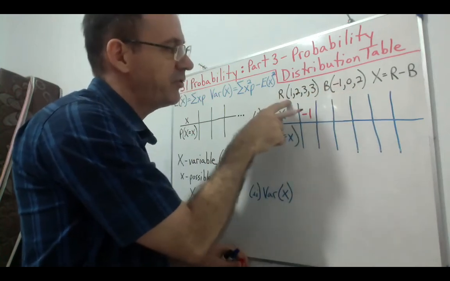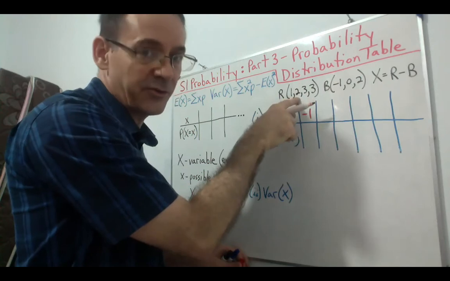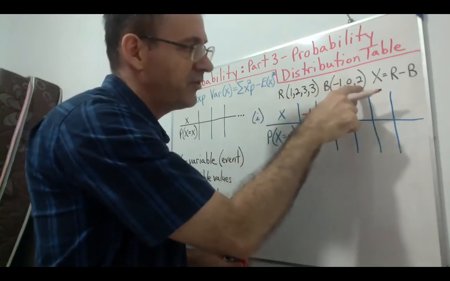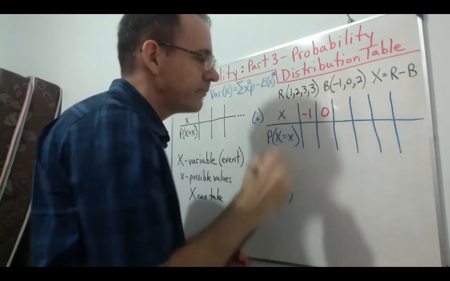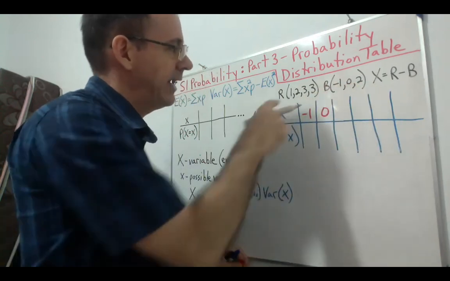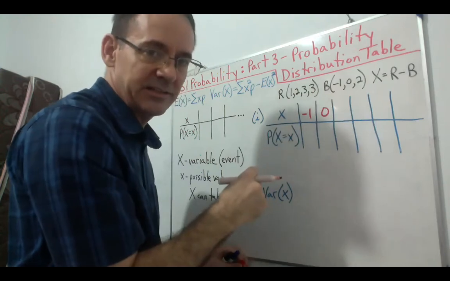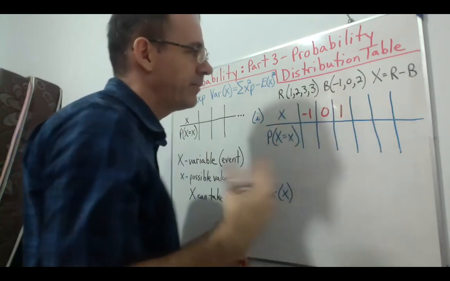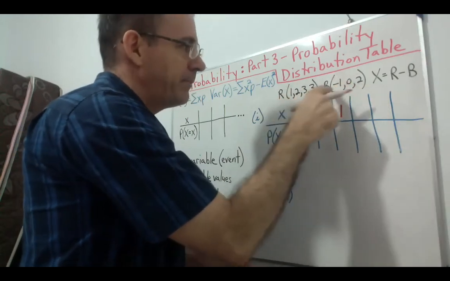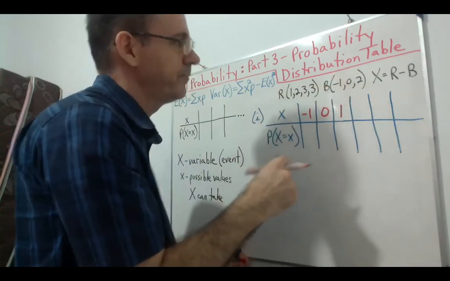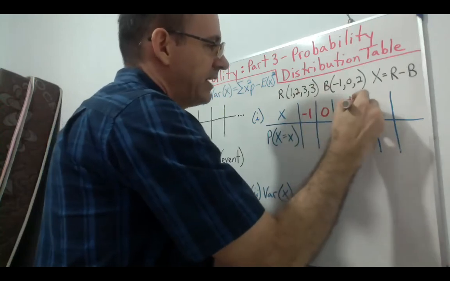You can't get a 0 from this one, but you can get a 0 from this one. 2 minus 2. So it is possible to get a 0. How about 1? Yeah, 1 minus 0. We already see that one, 1. What about a 2? Yeah, 2 minus 0 is 2, or even 1 minus the negative 1 is 2. So there's a couple of ways of getting a 2.